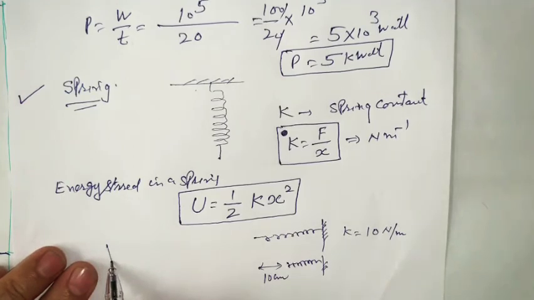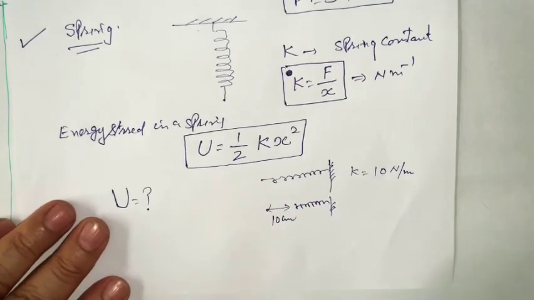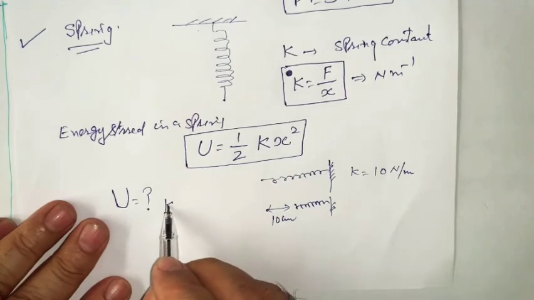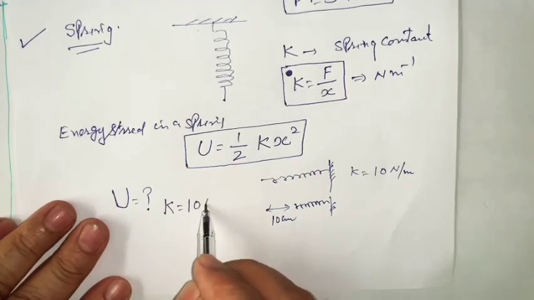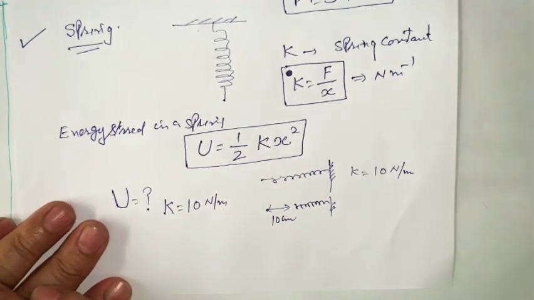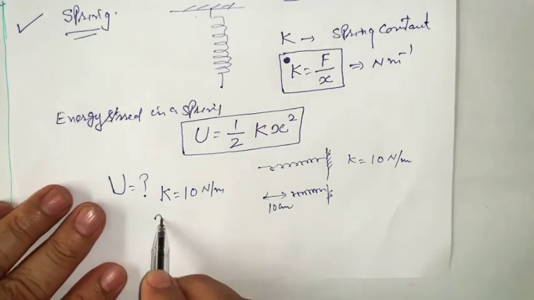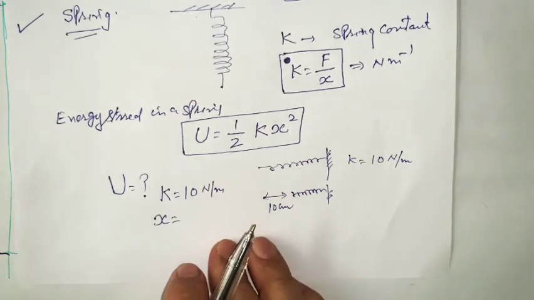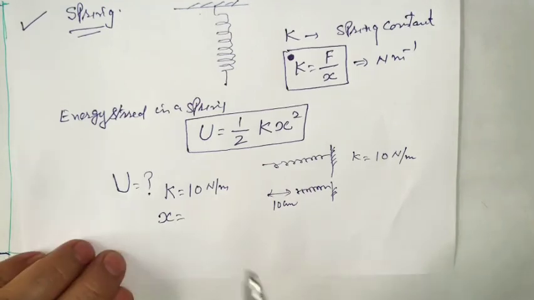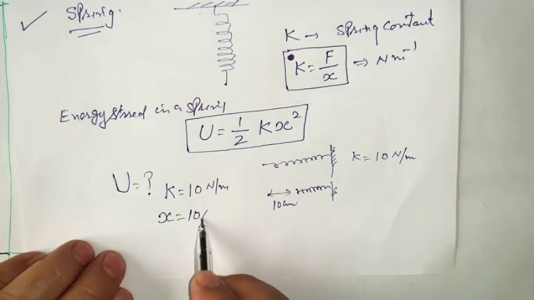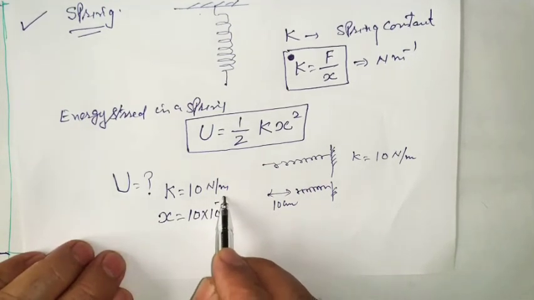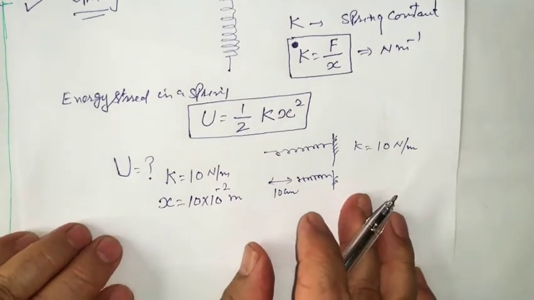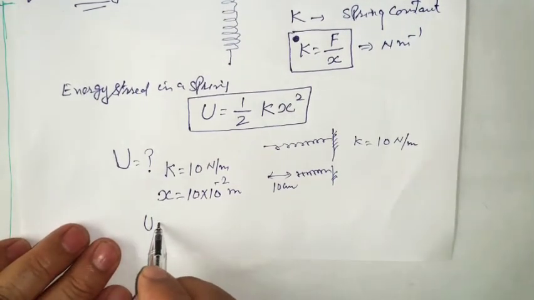Calculate how much energy is stored in the spring. The question is very clear. Number 1, what is the spring constant? 10 Newton per meter. What is the distance by which the spring is compressed? 10 centimeter. Centimeter change into meter, 10 power minus 1 meter.